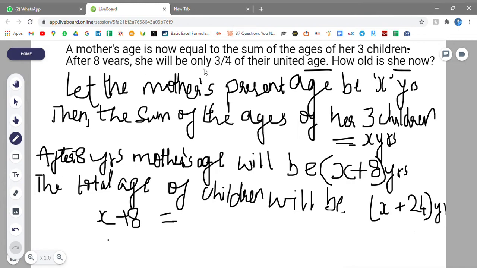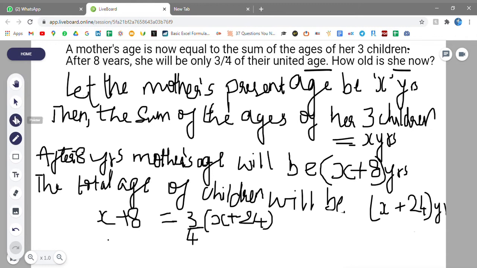She will be only 3/4 of their united age. 3/4 of all the 3 ages. When you add all the 3 children's age, whatever you get, that will be the age of the mother. So that is x plus 24. So this is the total equation that we will be getting.